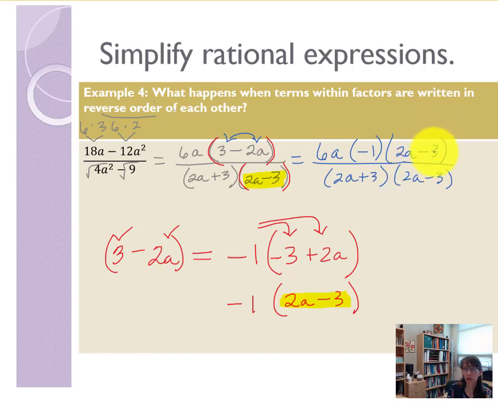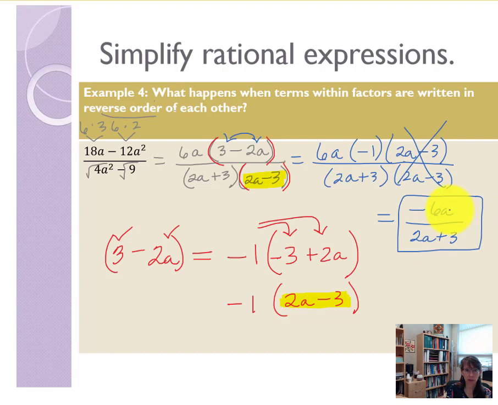So now we can see we do have, in fact, identical quantities that reduce out of the problem. And what I'm left with in the numerator is 6a times -1, minus 6a. Denominator is just that quantity of 2a plus 3. And this is the final answer.